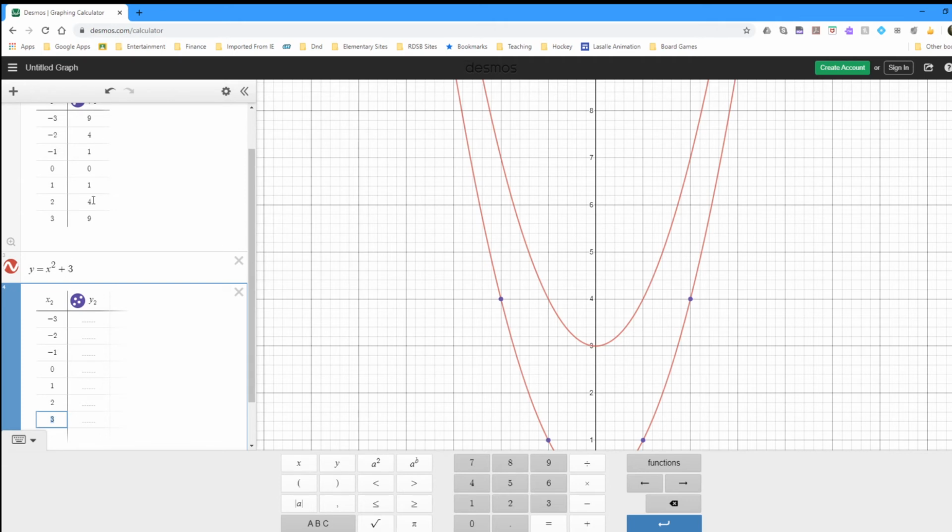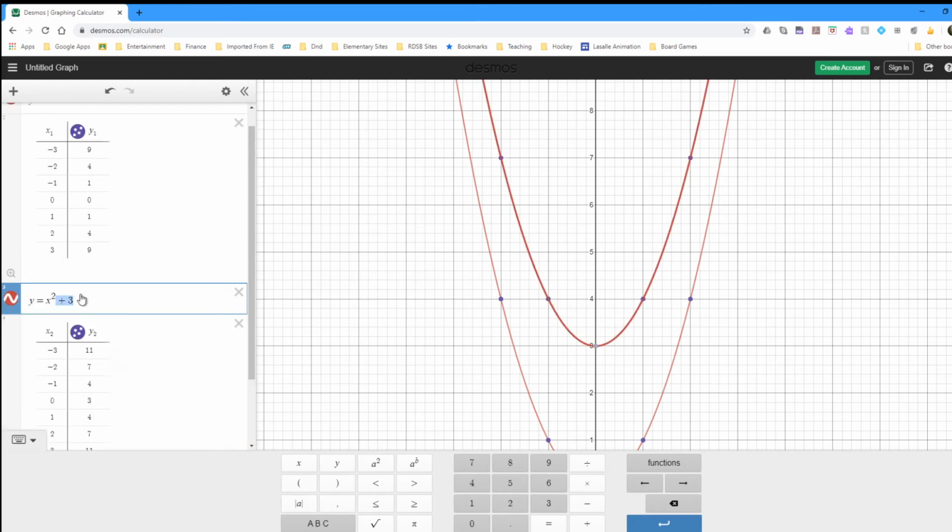So it's going to be 9 plus 3, which is 12, 4 plus 3, which is 7, 1 plus 3, which is 4, 0 plus 3, which is 3, and you can see those points appearing on the second parabola now. At 1, it's 1, so 1 plus 3 is 4. The next one is 4 plus 3 is 7, and the next one is 9 plus 3, which is 12.